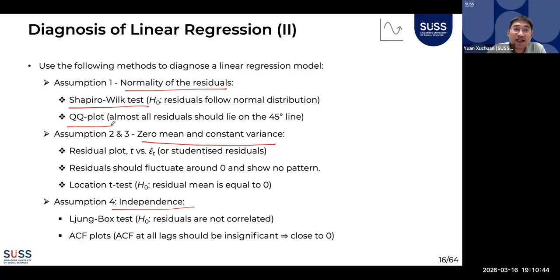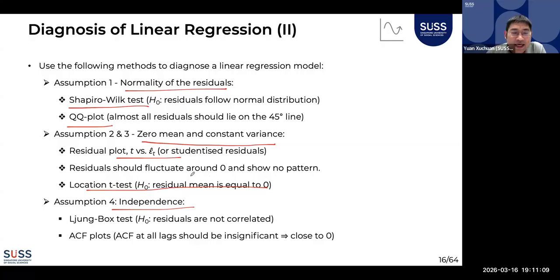And of course, you look at the mean, whether it is zero. You can use the location test, or you can just plot the residual according to the time. Okay, the residual should be distributed along the time axis.